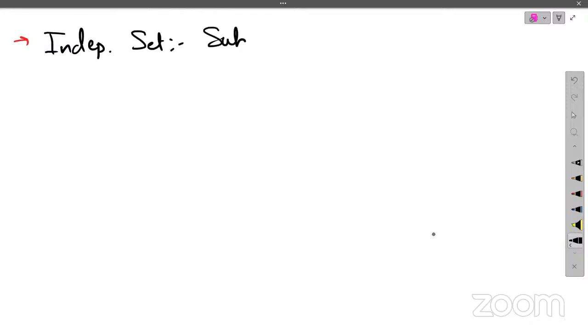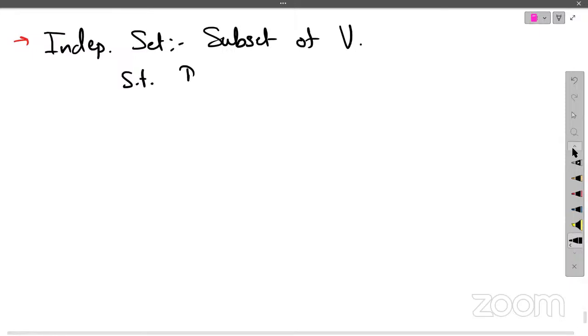Okay, now let's go to the independent set. So what is an independent set? Again, we have to consider one subset of vertices. An independent set is a subset of the vertex set V in such a way that two vertices are not adjacent to each other.